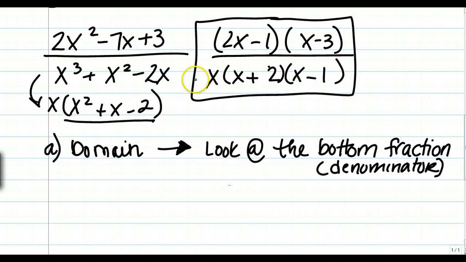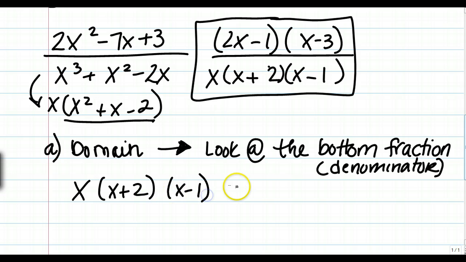Okay? And you are going to set this part, so like if we're looking at this one and this was our answer after we simplified, we would look at this right here.